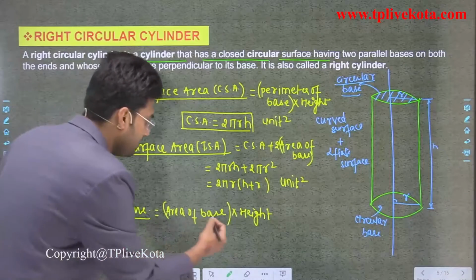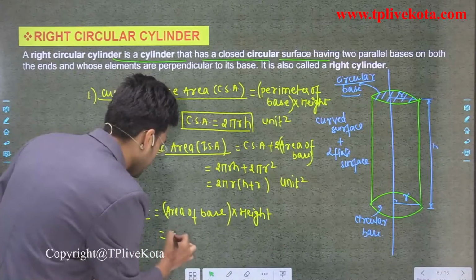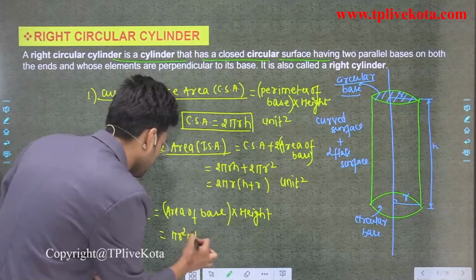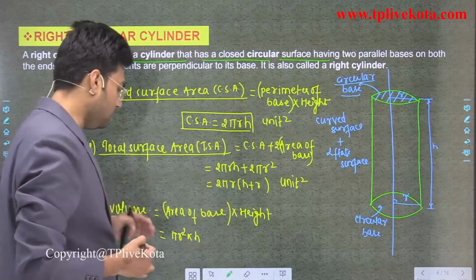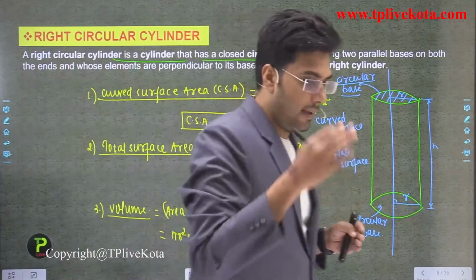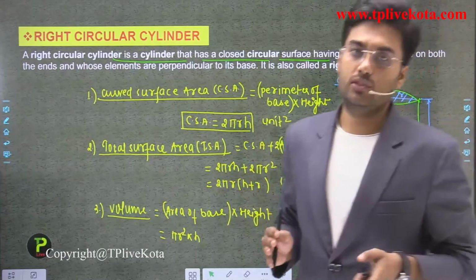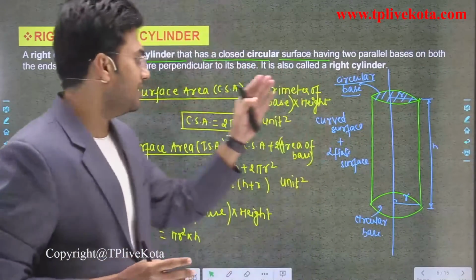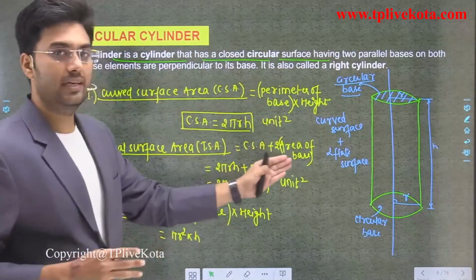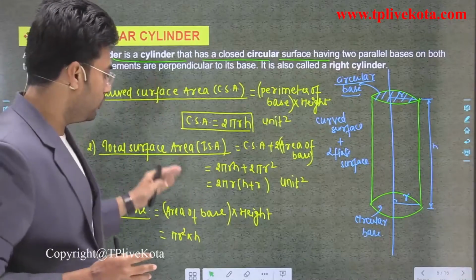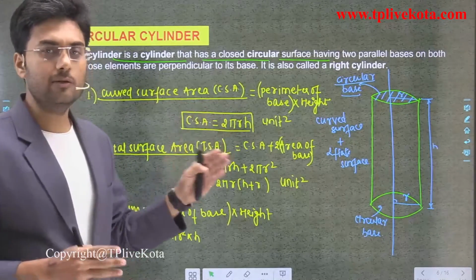So area of base is pi r square, multiplied by h. So we can call volume equal to pi r square h. Clear? So students, this is the right circular cylinder, and these are a few formulas of the right circular cylinder.